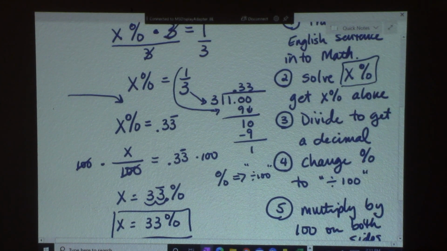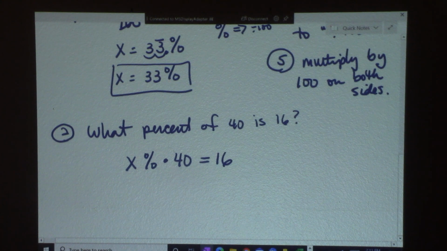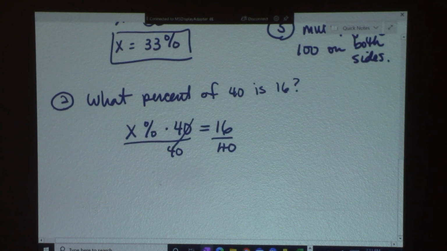And I'm going to get the X percent alone. All right, so I want to get rid of this 40. I want just this right here to be by itself. Okay, so I'm going to divide by 40 on both sides. X percent equals 16 over 40. Okay, so I just did number 2.